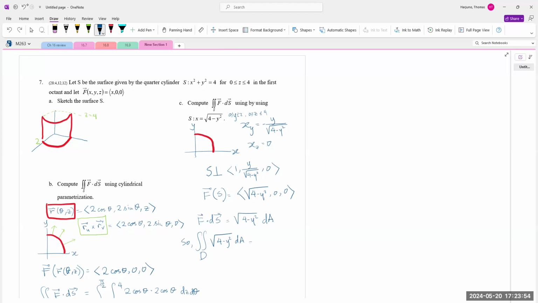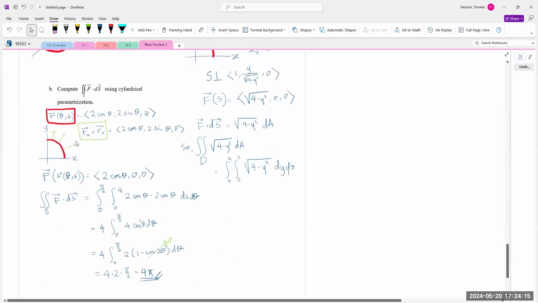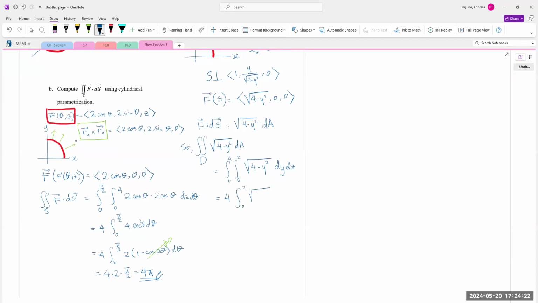Maybe I do it in the next line. This will be the integral from 0 to 4, integral from 0 to 2 of square root of 4 minus y squared dy dz. With respect to dz, that's 4. Our issue is what is the integral from 0 to 2 of square root of 4 minus y squared dy.